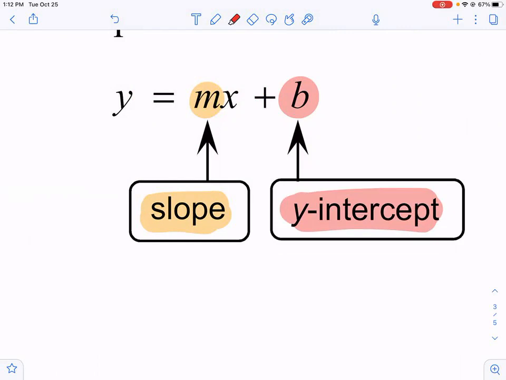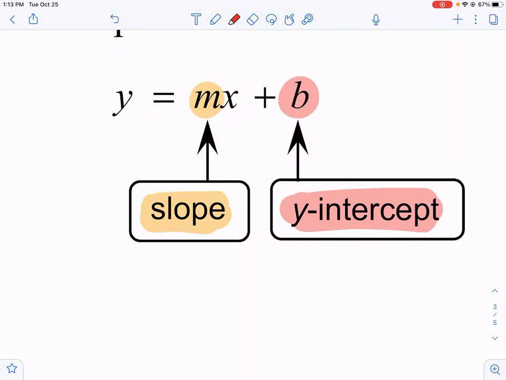So if we have a line that is in this form, we can plot the y-intercept, and then we can count our rise over run to get more coordinates and then connect them. That's literally all we're going to be doing, okay?